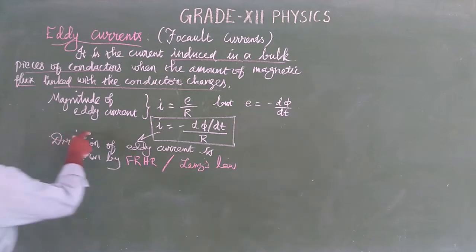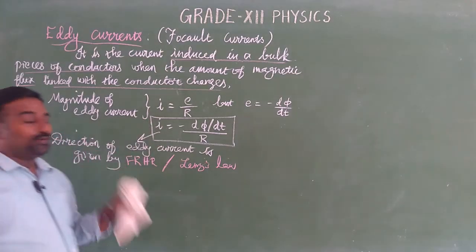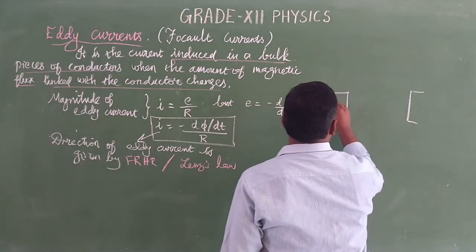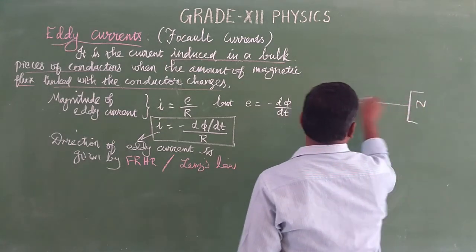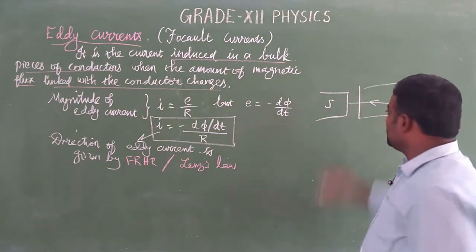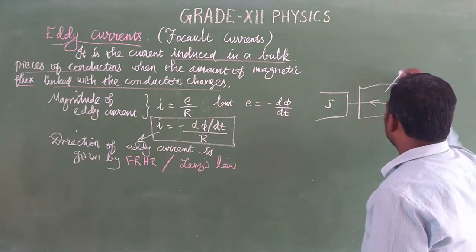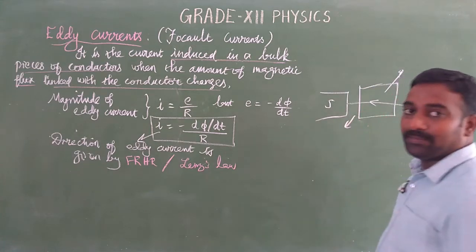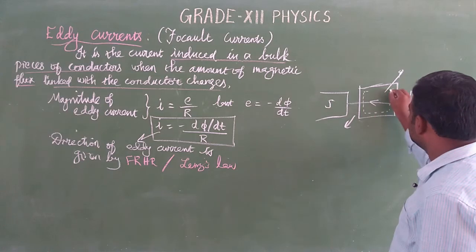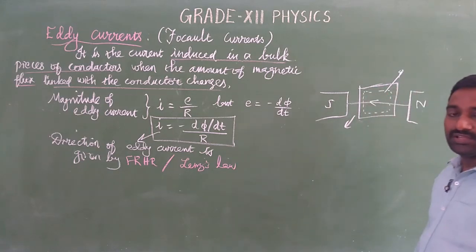Actually here I define the eddy current how. See, this is the magnetic field. In the region of magnetic field, that is from north pole to south pole, there is a bulk piece of conductor. If we move the conductor outwards, then what will happen? Again within the conductor the eddy currents are induced, which oppose the motion.